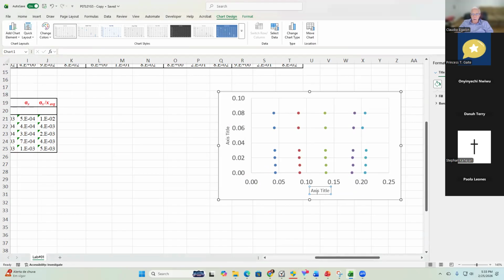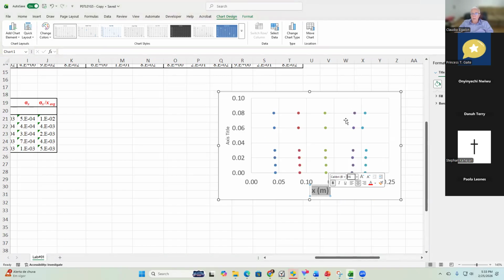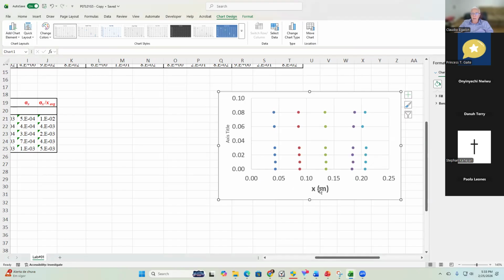What you're going to do here? You're going to type X, open parentheses, with the unit. Always put that. I spelled that out in my syllabus, okay? Boldface it and increase the size to 16. The numbers are size 14.